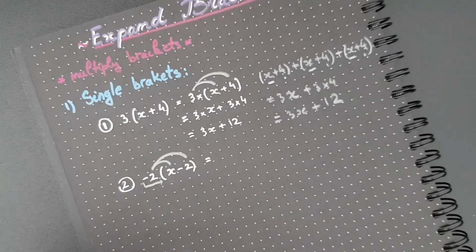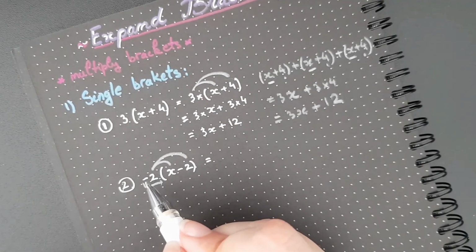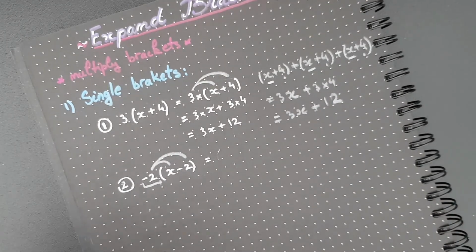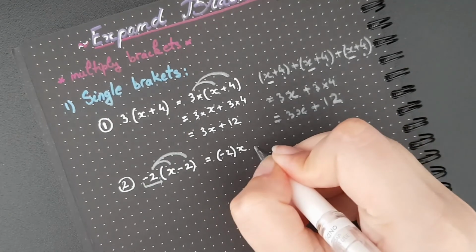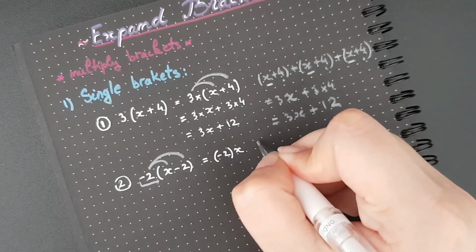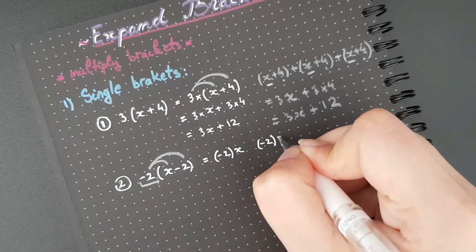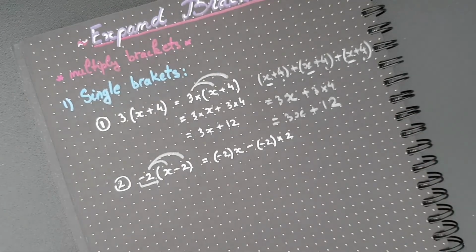So I need to be very careful because of the sign there. So I'm actually gonna write the negative 2 into a little bracket, x, and then I am going to do the same negative 2 times the 2 with the sign in there.